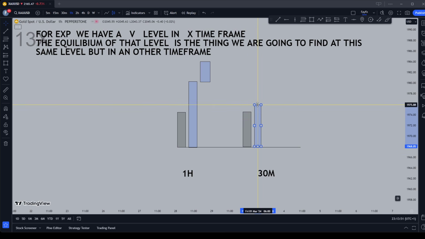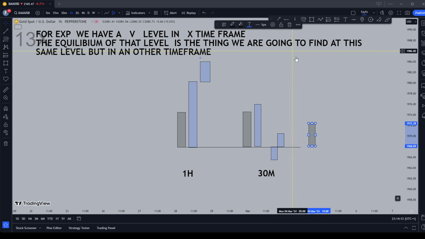Who knows? Maybe we are going to find a gap. Maybe we are going to find a gap breakout. Second type on the gap.